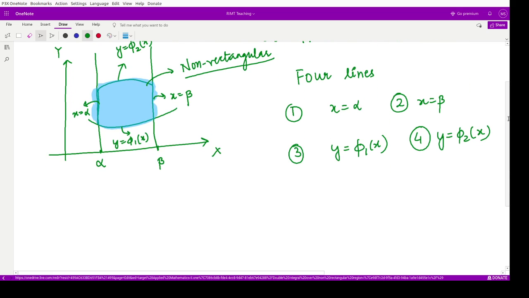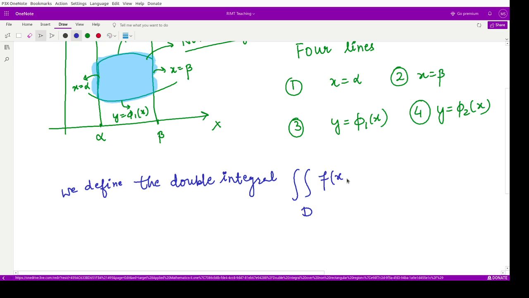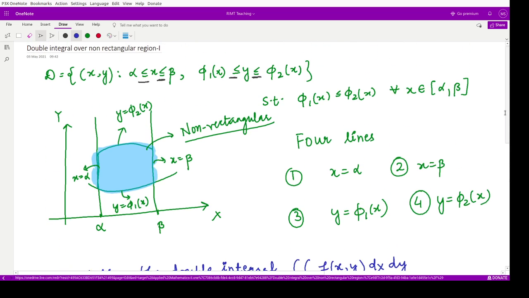So how can we do that? In this case, we define the double integration over the region D of some function f of x, y, dx dy as an integral. First of all, you have to compute the limits of y, because y has the variable limits.